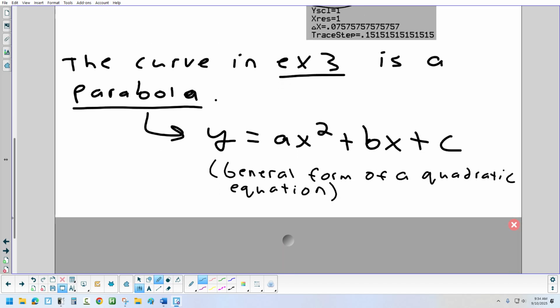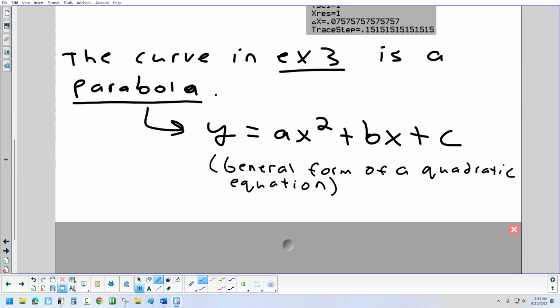And the general form of a parabola is y equals ax squared plus bx plus c. The one we drew is a simple parabola. It's just x squared plus 10. But in general, that's the form of a quadratic equation, picture of which is called a parabola.